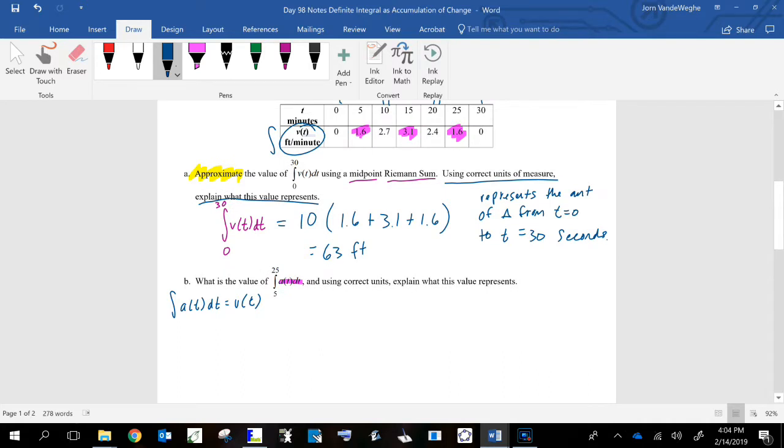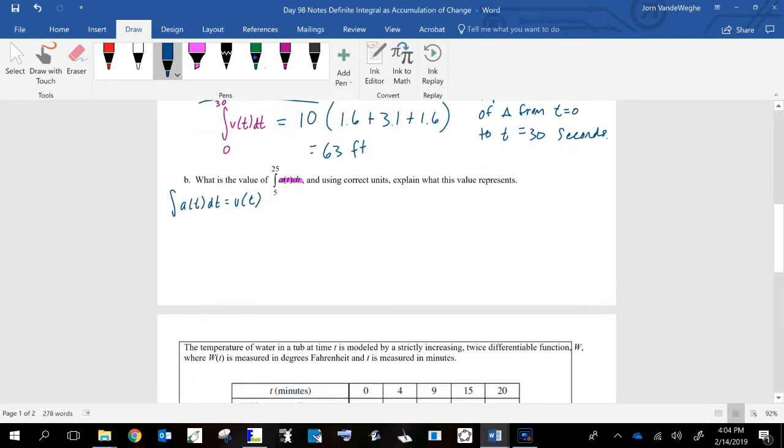So what I'm going to do here is go ahead and write out how I would go about solving this. The bounds are from 5 to 25, so don't forget that. That's important. So the integral from 5 to 25 of a of t dt is going to equal the velocity function. But that is a definite integral, meaning there are numbers on each side of my integrand.